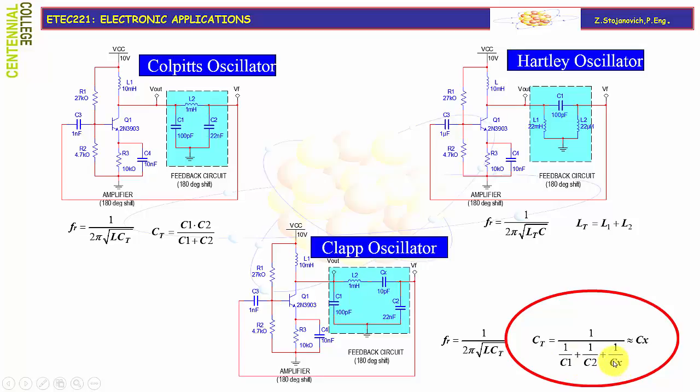If Cx is much lower than C1 and C2, total equivalent capacitance is predominantly defined with this capacitance and not with C1 and C2, or whatever parasitic capacitance might be in parallel with those two. So by adding this capacitance, we are actually eliminating possible loading effect on C1 and C2.